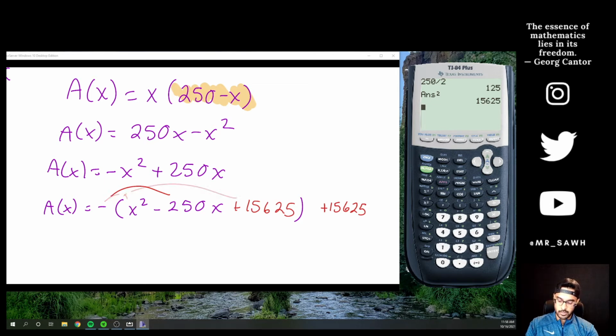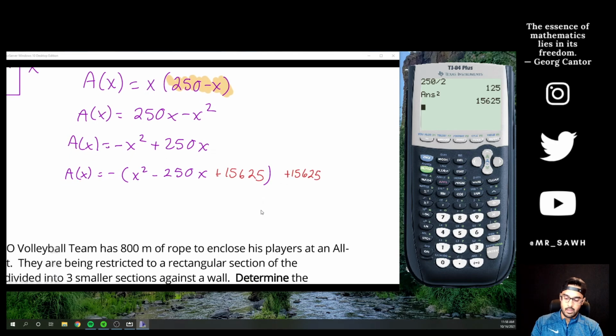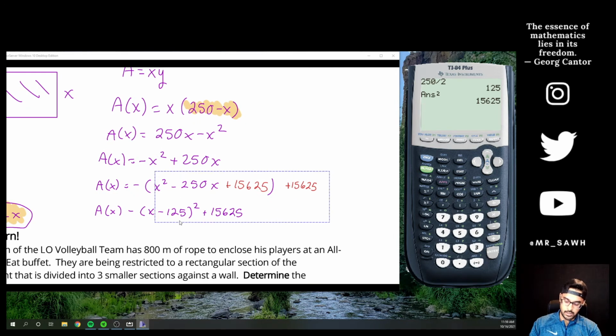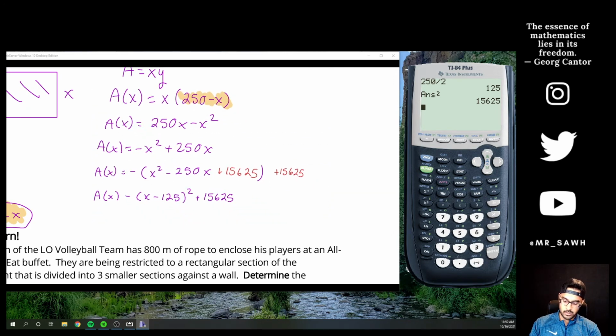So just be very careful. Now if we write it in our factored completed square format, we've got negative x minus 125 squared plus 15,625.